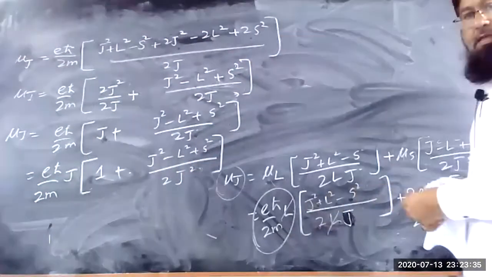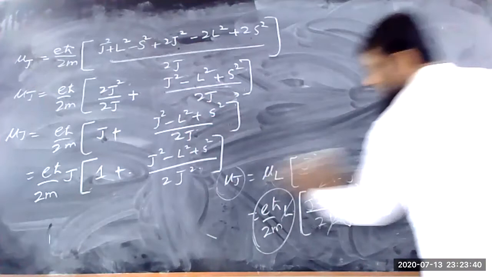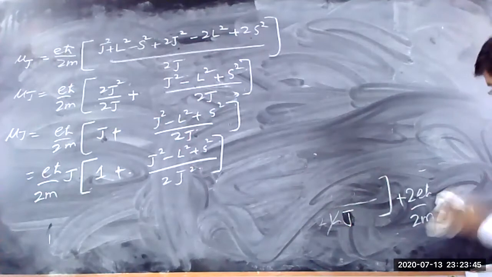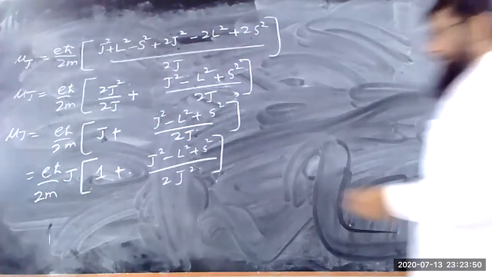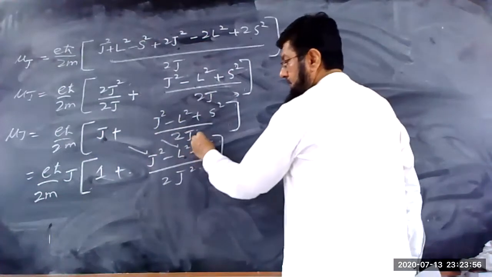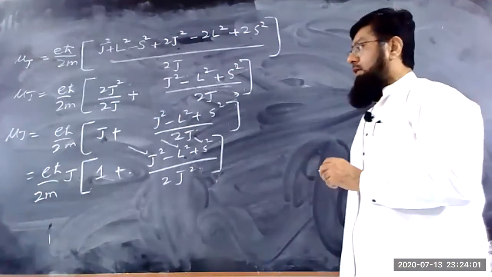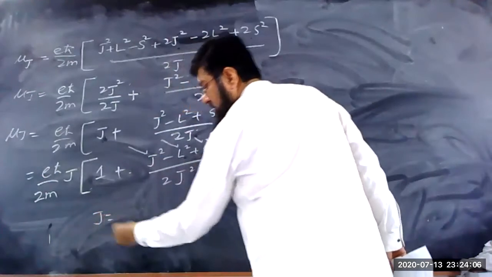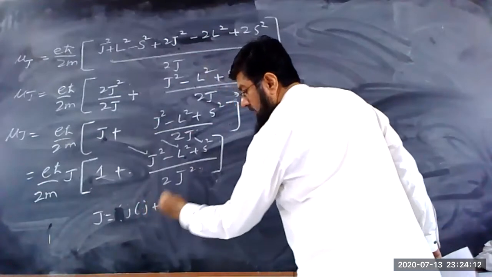Now J square, L square and S square are the angular momenta: J is the total angular momentum, L is the orbital angular momentum, and S is the spin. These three quantum numbers are quantized in space. So J square is equal to J into J plus 1 h cut square.